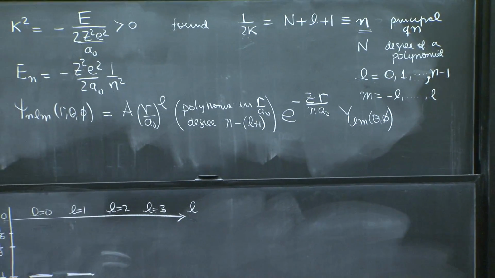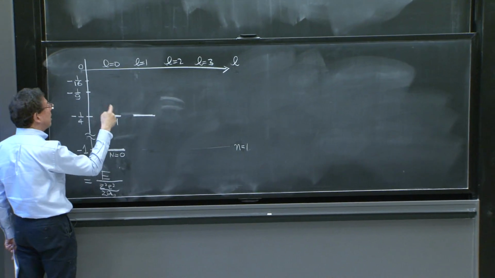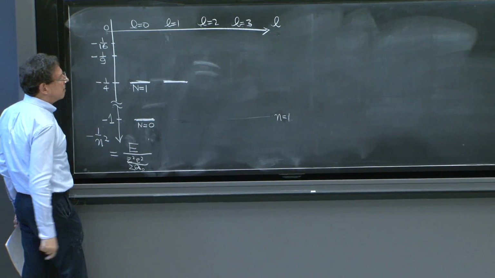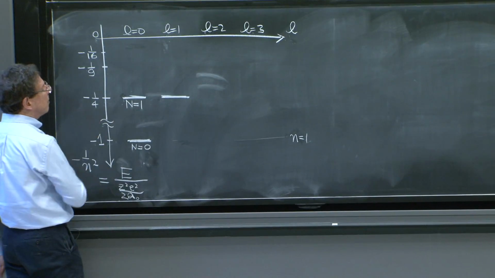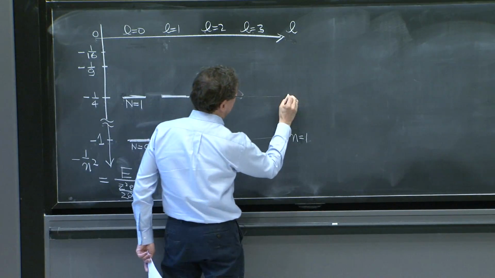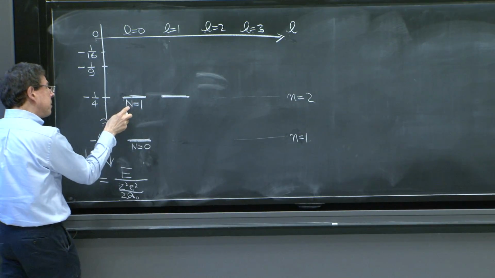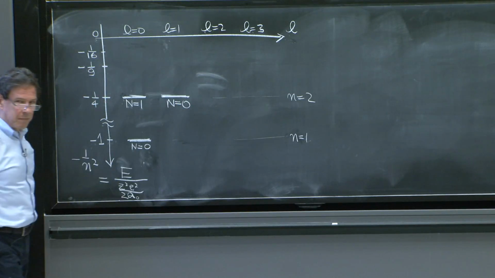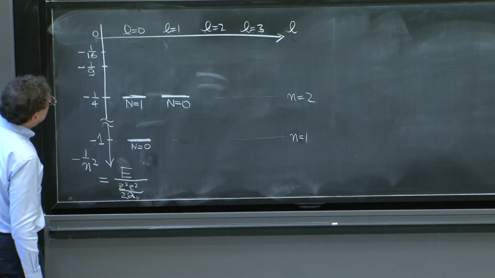So that capital N, which is 1, plus little l, which is 0, plus 1, is equal to 2, and this is the level little n equals 2, principal quantum number equal to 2. So here we have n equals 2. Since L is 0, capital N is 1, here you'll have capital N is equal to 0.